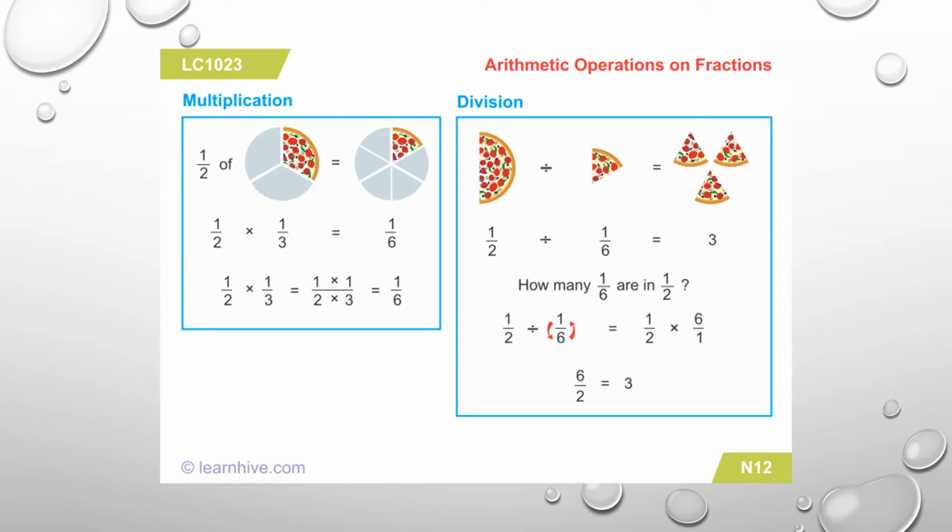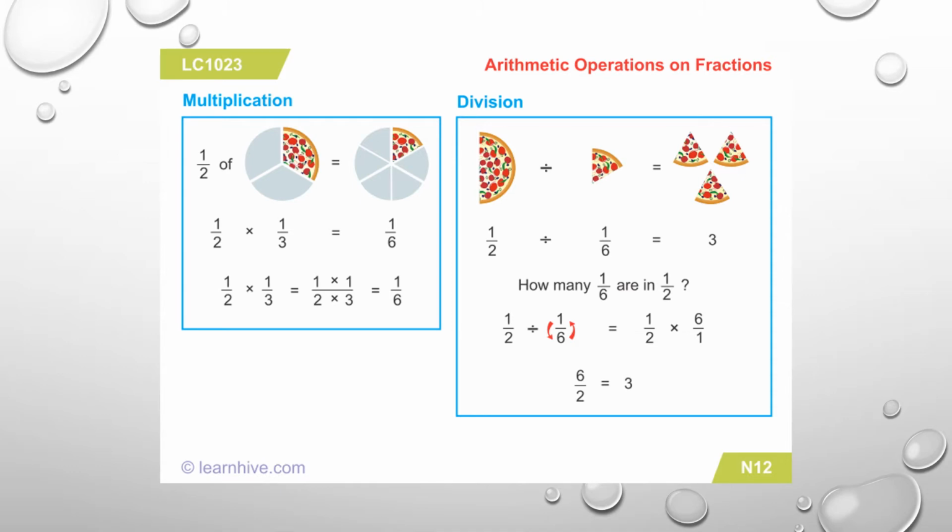Now next is division of fractions. 1 upon 2 divided by 1 upon 6. Now here when we are dividing, we always have to take the reciprocal of the second fraction. When we talk about the reciprocal, it means the numerator takes the place of denominator and denominator takes the place of numerator.